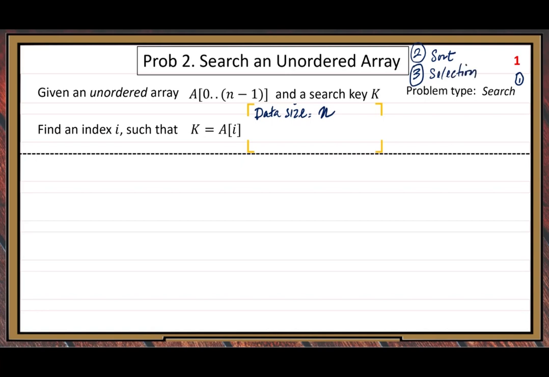So these are 3 basic problem types in our algorithm class. All right. The data structure used here, simple array. The reference, I give you section 2.1.